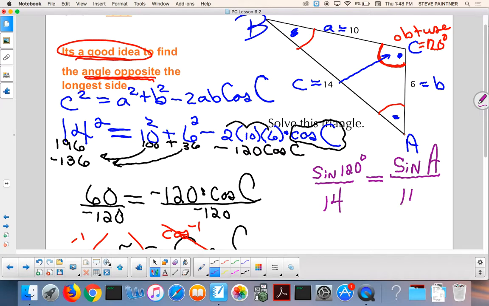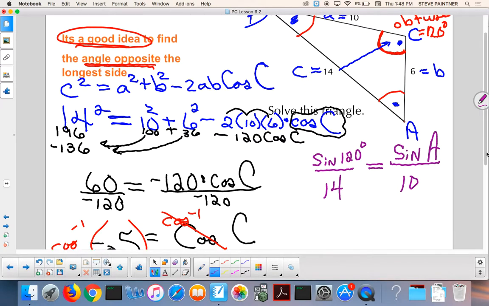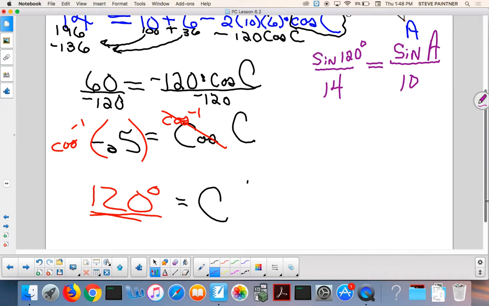Opposite A is 10. So there's me going for A. Cross multiply, 10 times sine of 120 equals 14 times sine of what? A.